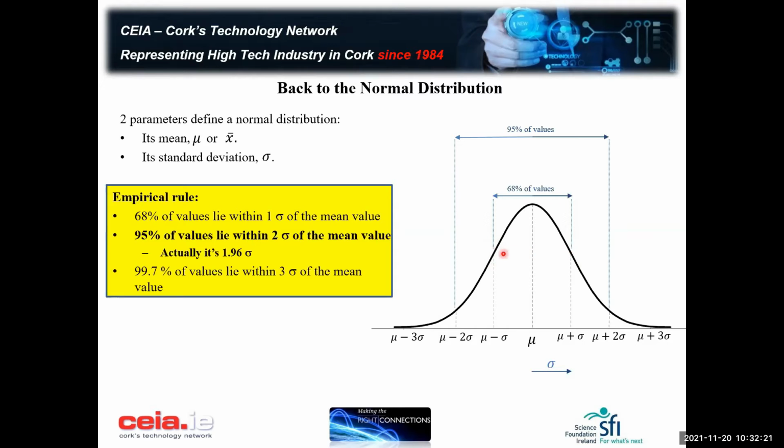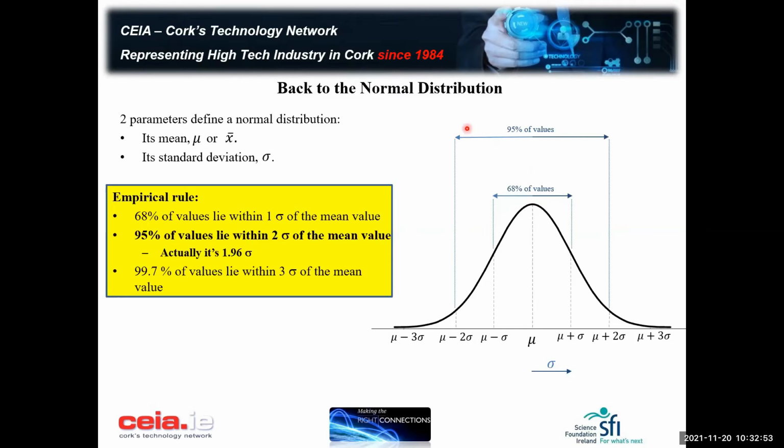In fact, 68% of all the X values lie between the mean minus 1 standard deviation and the mean plus 1 standard deviation. So mu minus sigma to mu plus sigma is 68% of the area on the curve. So there's a 68% probability that any X value will lie within 1 standard deviation of the mean.